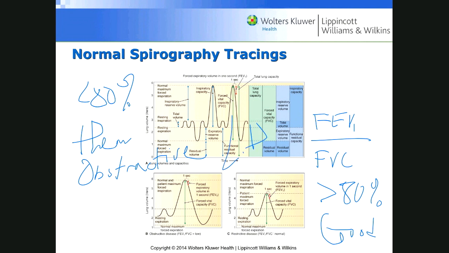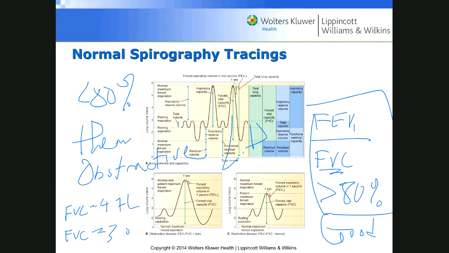Now, on the other hand, this ratio is good, right? But the FVC, forced vital capacity, a good number to know, I told you, is about 4.7 liters. Now, if the forced vital capacity is low, say it was 3 liters or something like that, then that is restrictive.